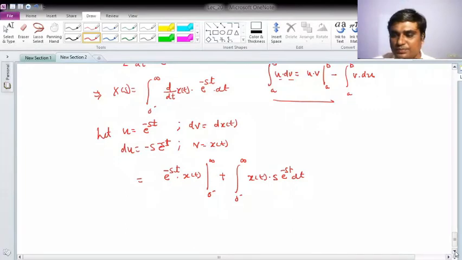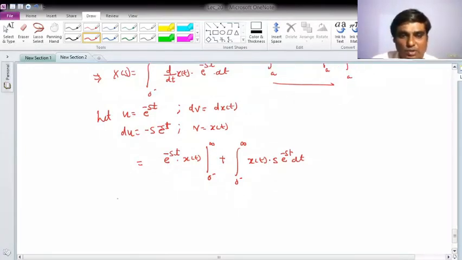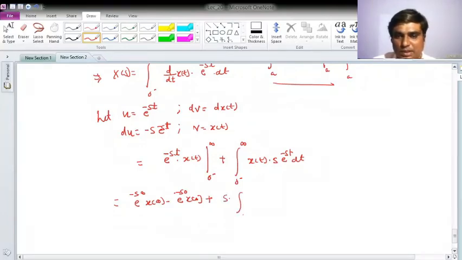Now I will put in the higher limit and lower limit. So it is e raised to minus s into infinity times x of infinity, minus e raised to minus s into 0 times x of 0 negative, plus s times the integral from 0 negative to infinity of x of t e raised to minus st dt. What I am observing is that e raised to minus s infinity will be 0, for a proper value of s, that is the real part of s greater than 0, and what remains is e raised to minus s 0, that is 1.